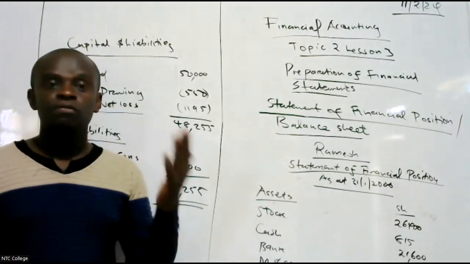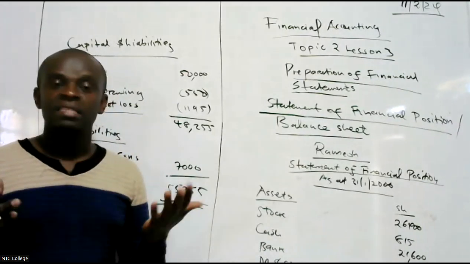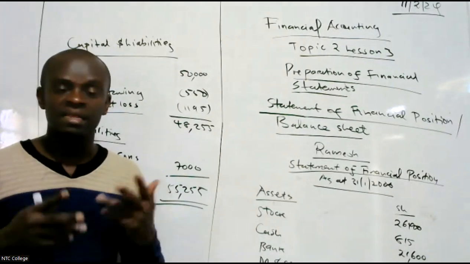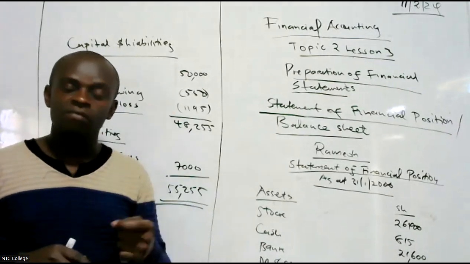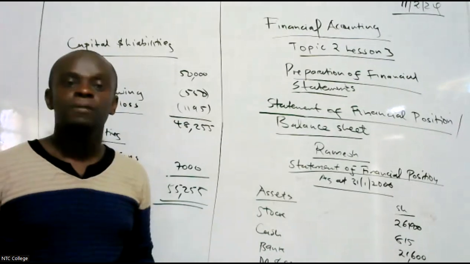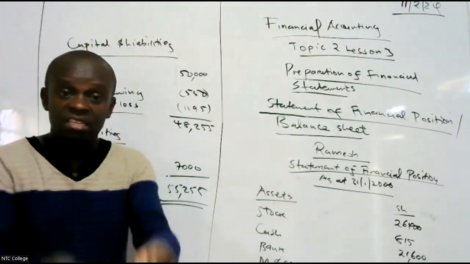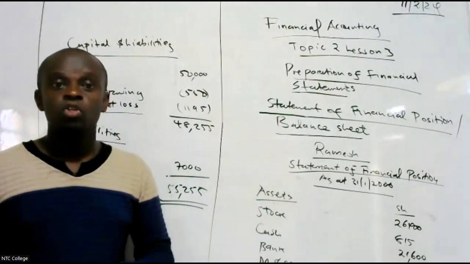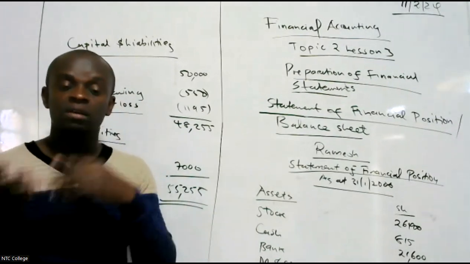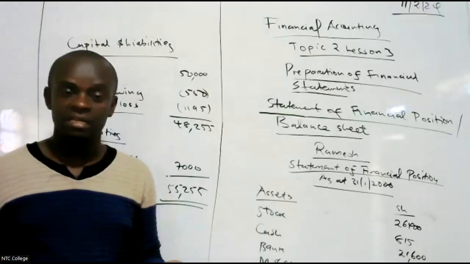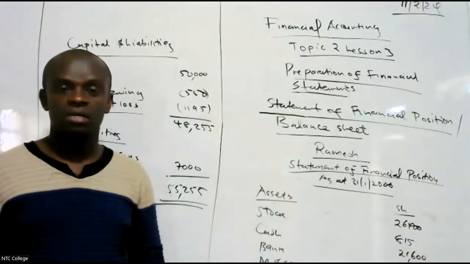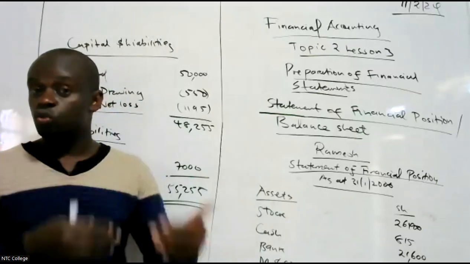For example, if you start a shop now, and in that shop you have unga and the rest. If you take unga from that shop to cook ugali to eat, that is drawing, because you are reducing the stock in that business. Or if you go to the cash box for the business and you take 100 shillings, that should be counted as drawing. And all that will reduce your capital.